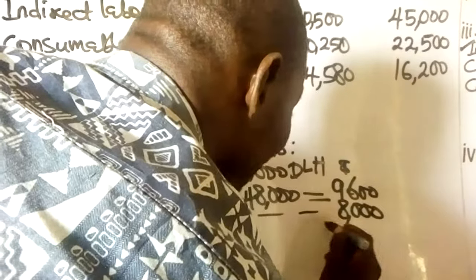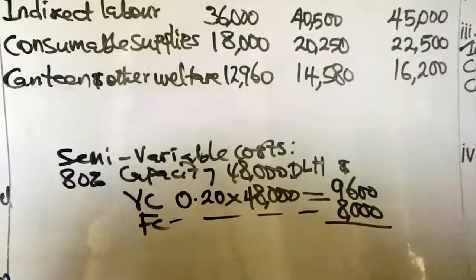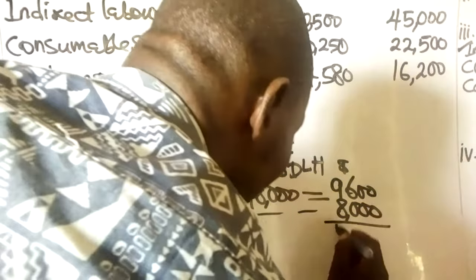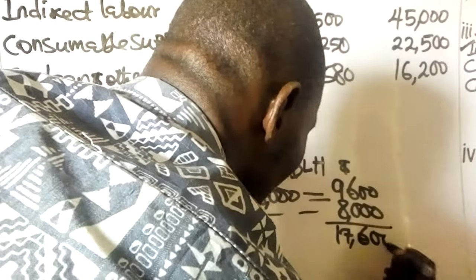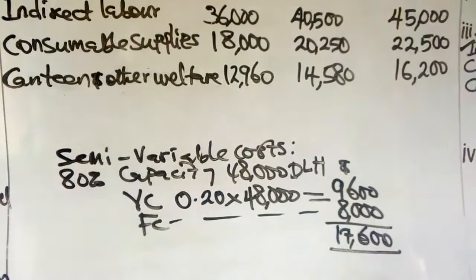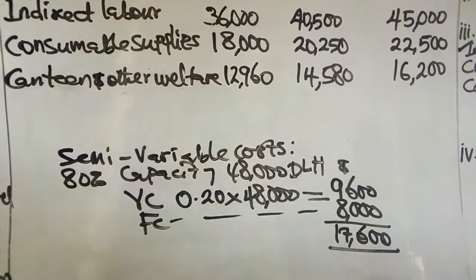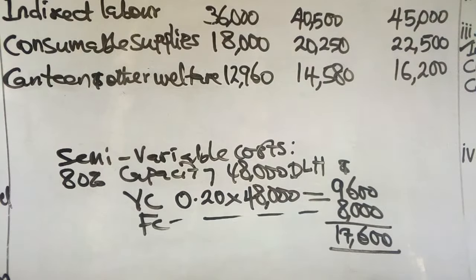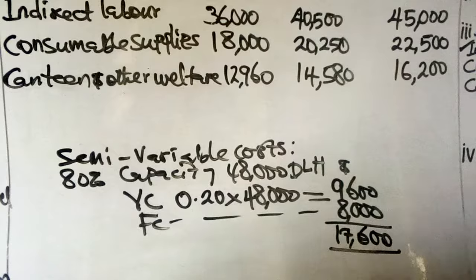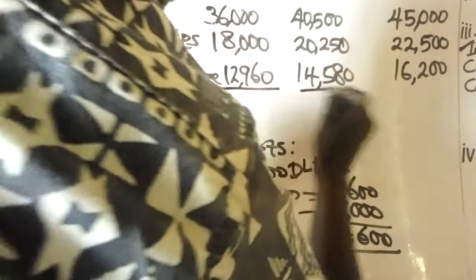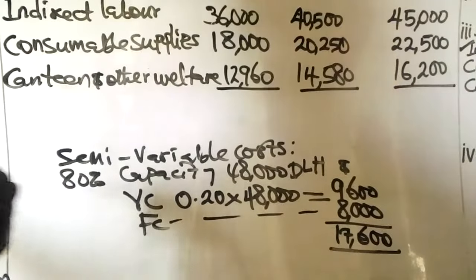If you add 8,000 to 9,600, then you have 17,600. So that is the semi-variable element, 17,600.